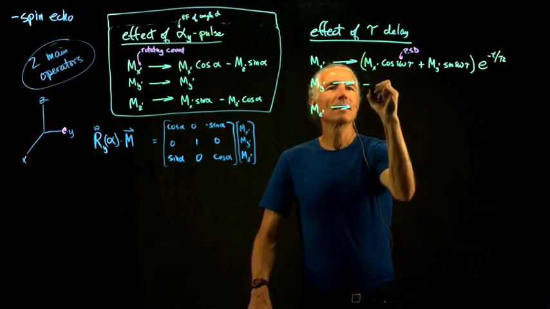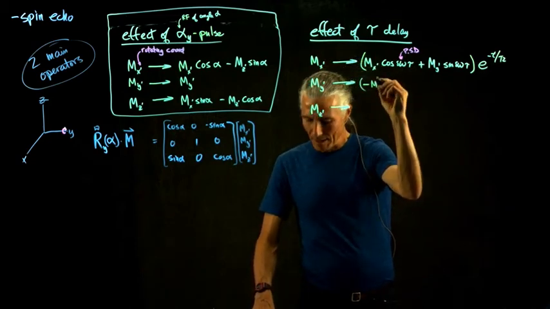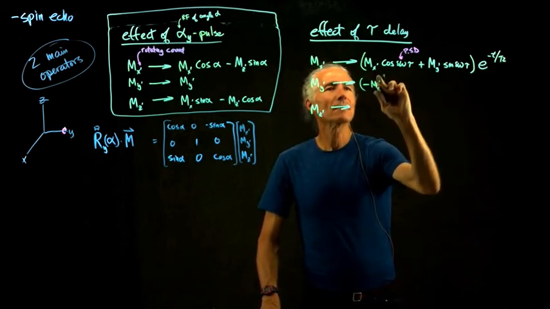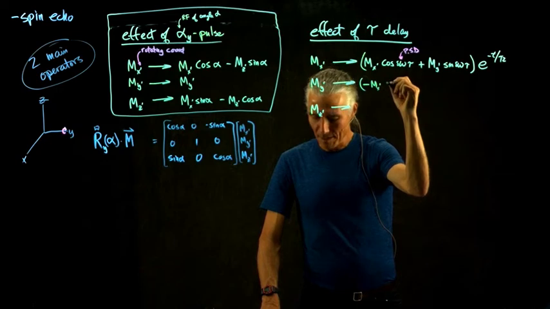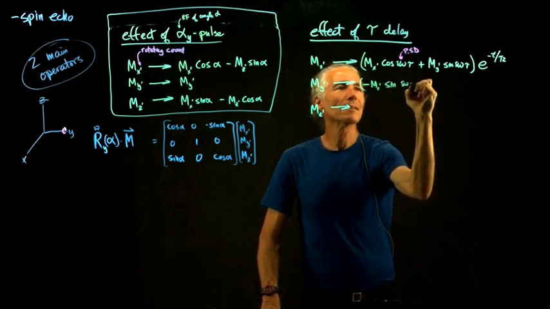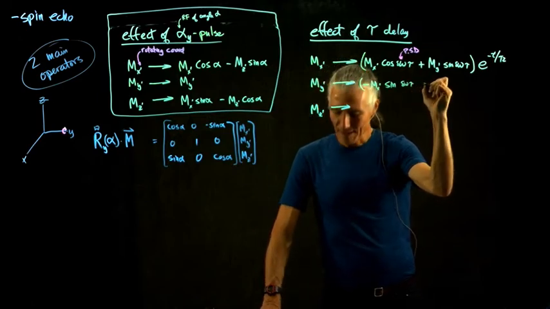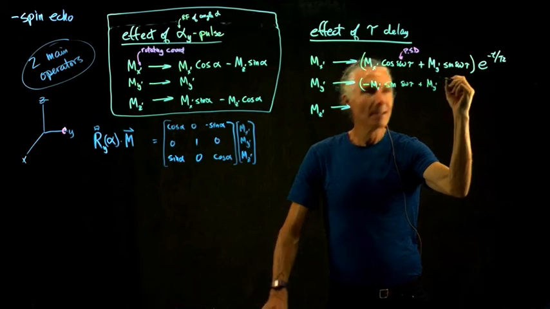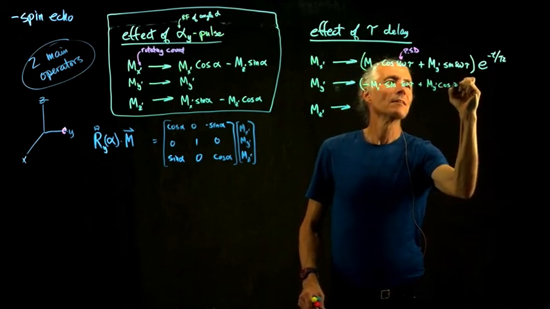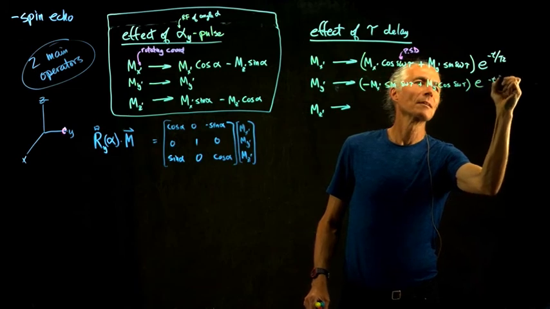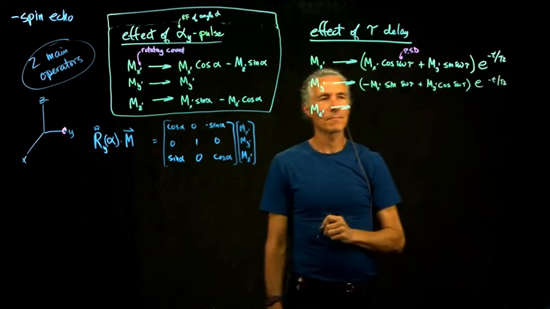And so this one is going to be minus x prime times sine of delta omega times the time constant, plus my cosine delta omega times the time constant, also decayed by t2. Both the x and the y decay.